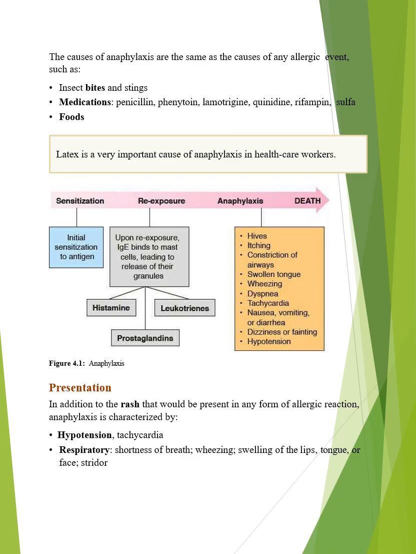The clinical presentation is additional to the rash. It can be presented with any form of allergic reaction, such as hypotension, tachycardia, respiratory presents with shortness of breath, wheezing, swelling of the lips, tongue, and the face, and stridor.